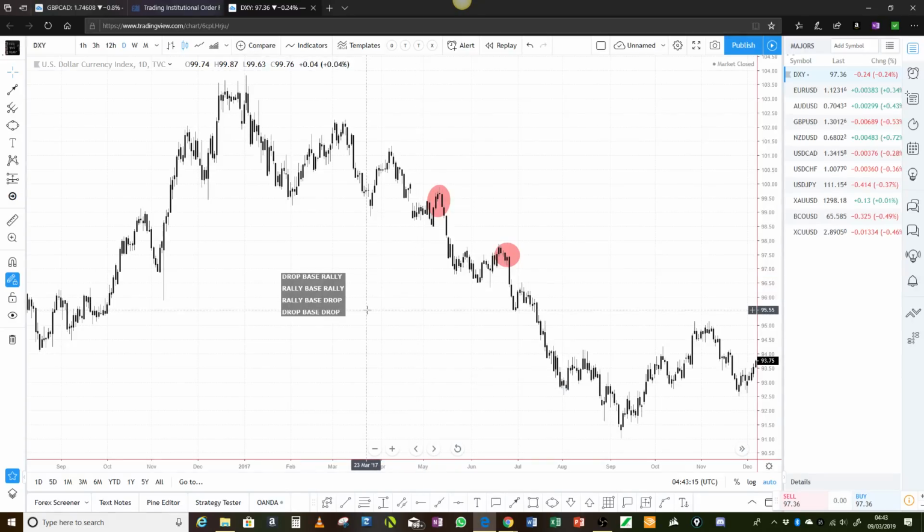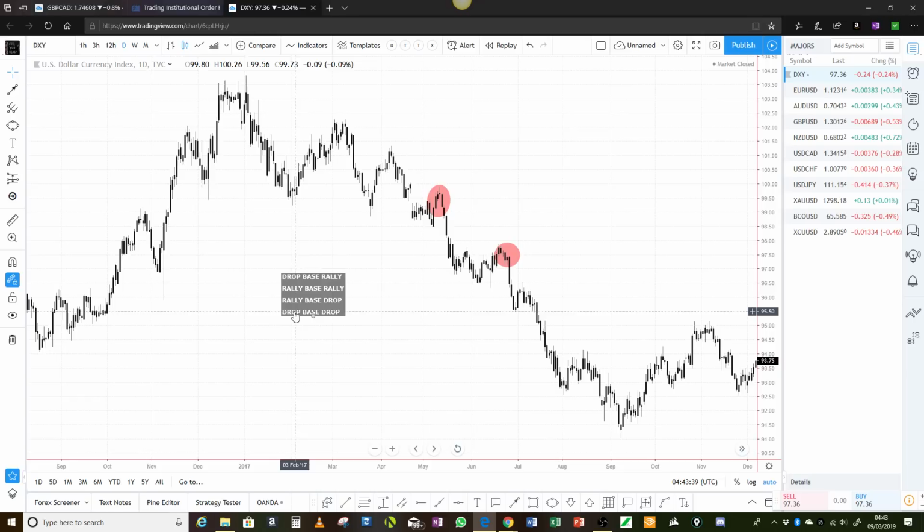So what I would suggest you do once you identify the big drops is to say to yourself, so what kind of zone is this? In this case, we're looking at supply. What kind of zone is this? Is it a rally base drop?